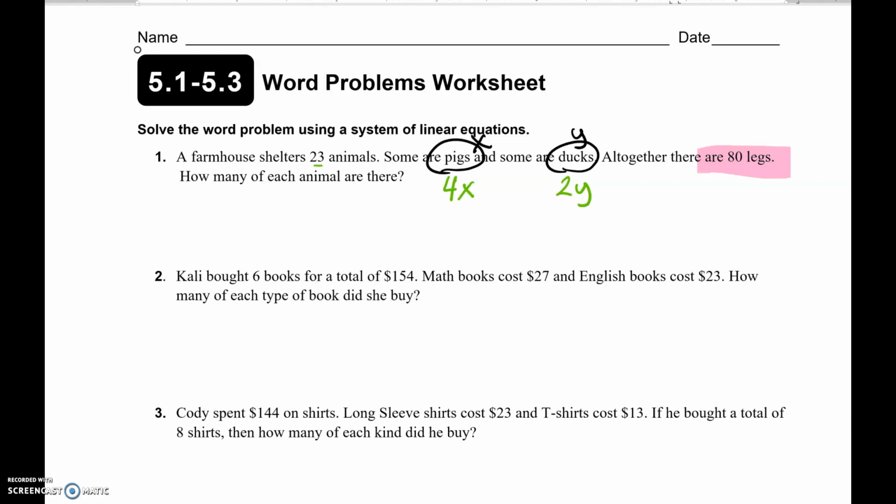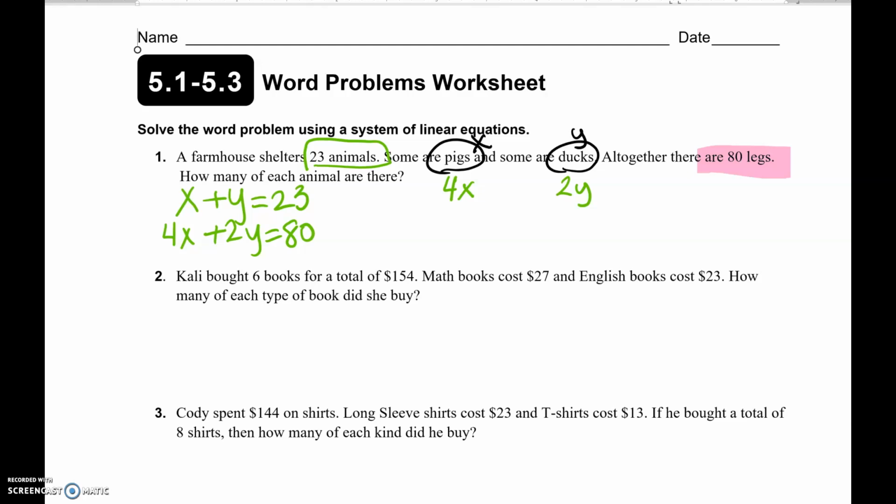Okay, and there are 23 animals total. So I know my number of pigs plus my number of ducks should equal 23. I also know that my number of legs, so 4 legs for every pig, plus 2 legs for every duck, total legs is 80, so equals 80.